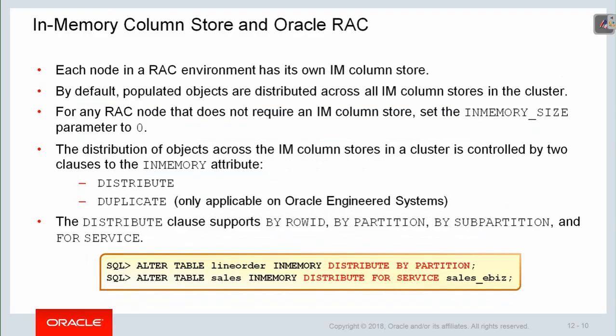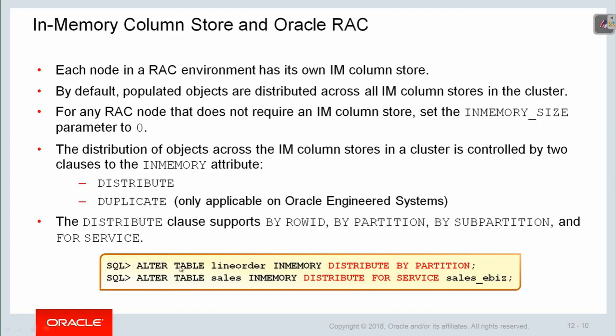And the other one is in-memory column store in RAC. Is it possible to use the in-memory column store feature in a RAC environment? Absolutely. The columnar data is spread across instances, across in-memory column stores. And we have a few distribution options here.